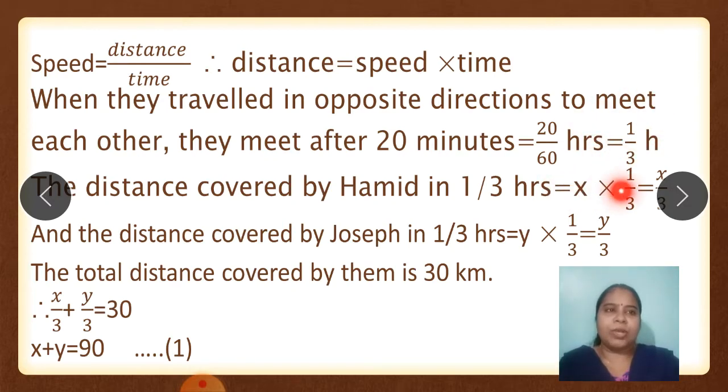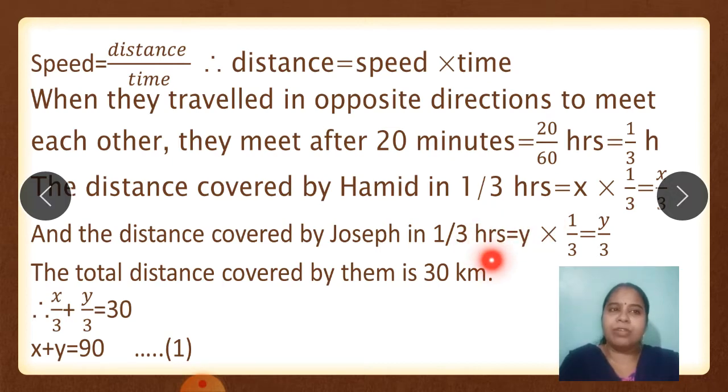So x into 1 upon 3, that is nothing but x upon 3. I hope this part is clear. Yes. The basic formula to be used here is distance is equal to speed into time. So speed is x, time is 1 upon 3, x into 1 is x upon 3, right? Exactly the same way, the distance covered by Joseph in 1 upon 3 hours.